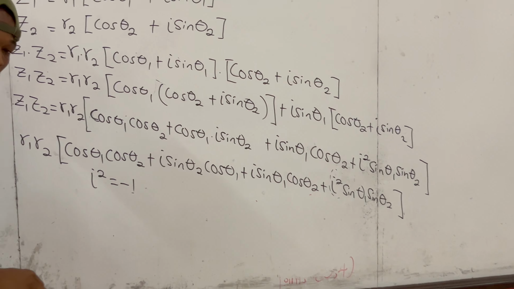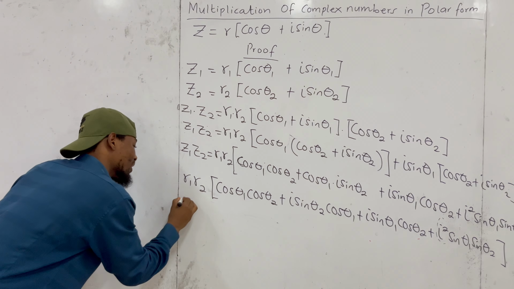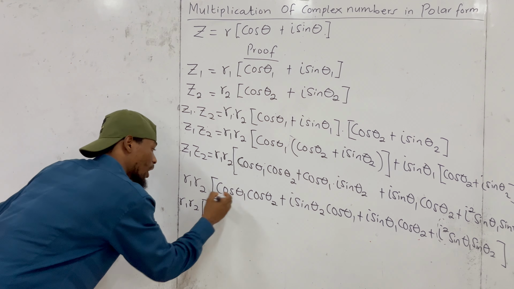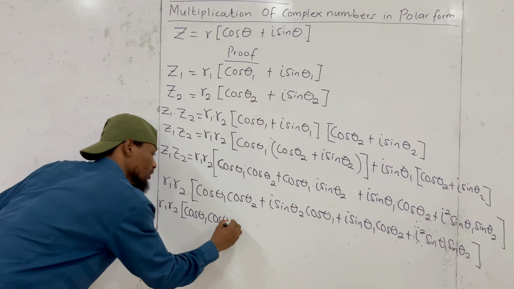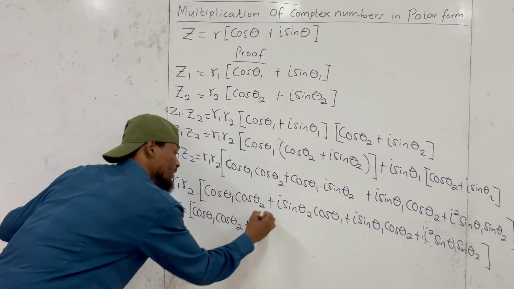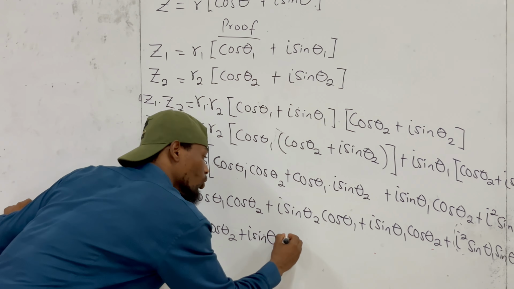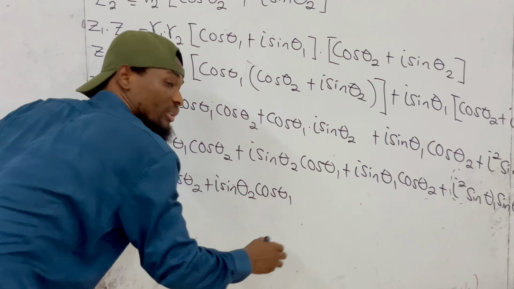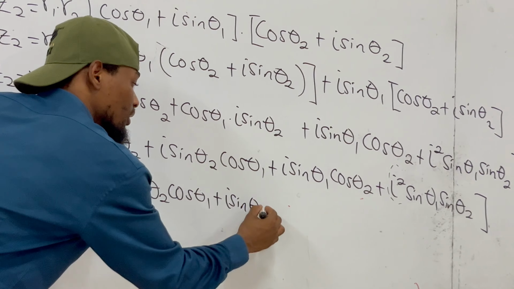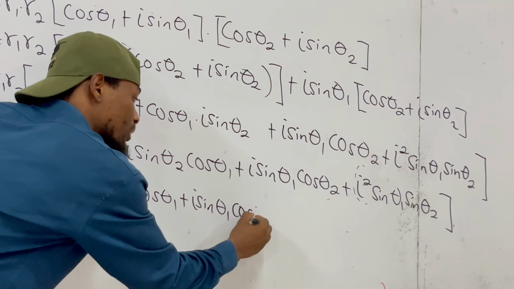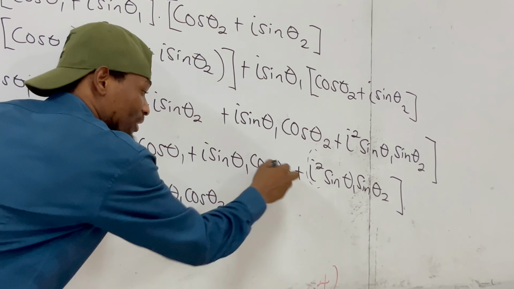You get it? Then we proceed. So as a result of that, I'll say r1, r2. I have cos theta 1 cos theta 2 plus i sine theta 2 cos theta 1 plus i sine theta 1 cos theta 2. Then here I have what?